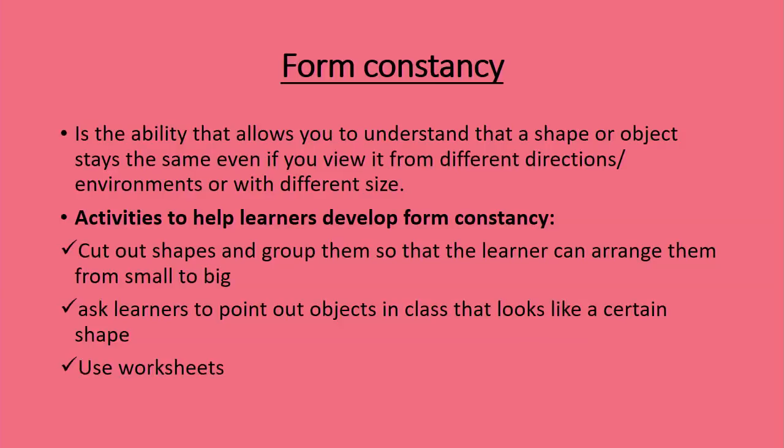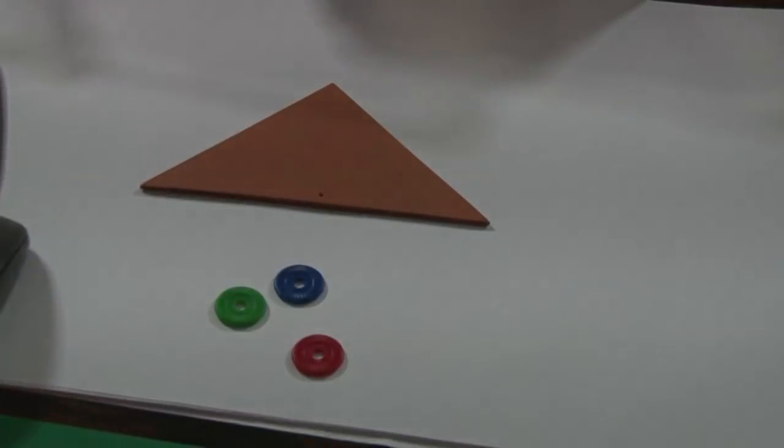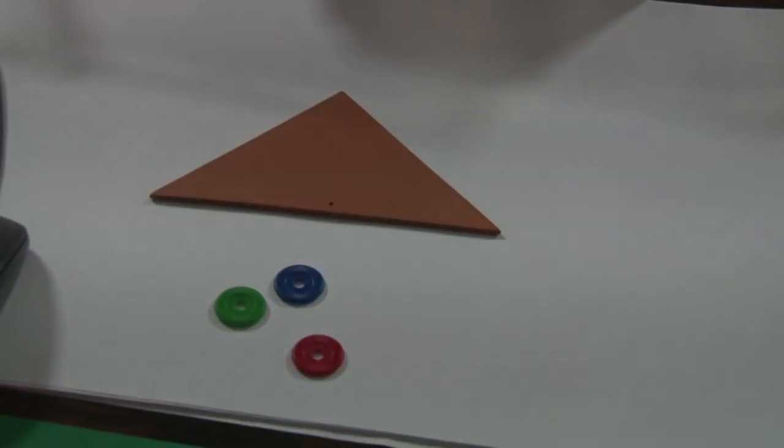Just a simple example. Say for instance I have a triangle in my class. I will ask my learner, when you go home this afternoon, go write down all the signs that are triangular shape that you come across as you go home.